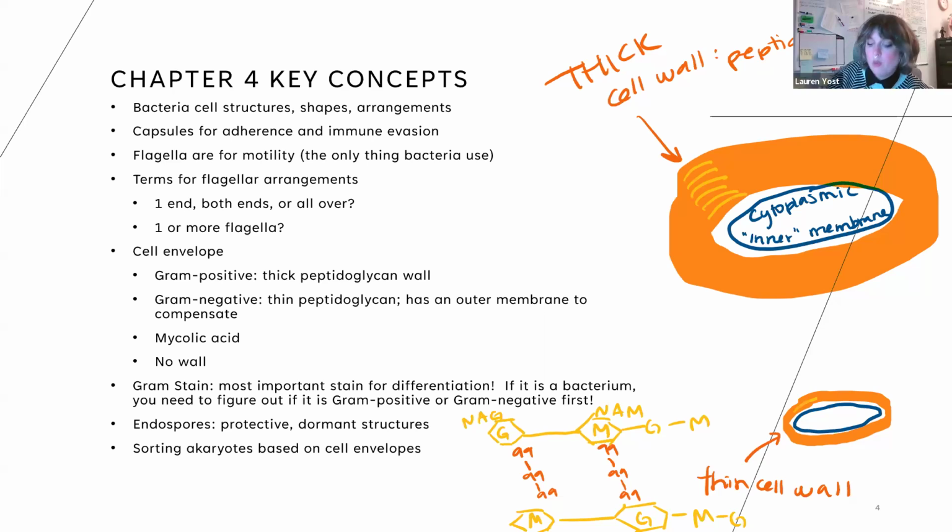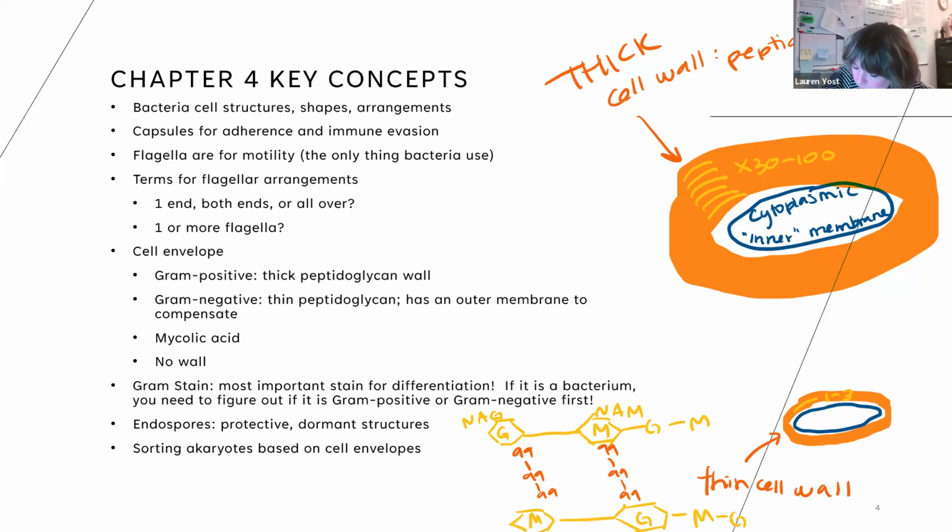In our thin ones, you're only one or two. This can be like 30 to 100 times, and this is like one or two, maybe three times. And that is important because the ones with only that thin layer of wall aren't getting a ton of stability for their cells.